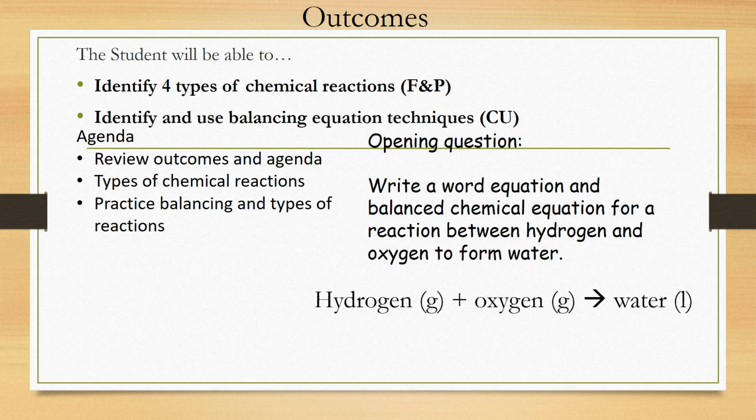And then putting the balanced equation in, you should have had 2H2 plus O2 reacts to form 2H2O. Remember that both hydrogen and oxygen are diatomic, so they're going to always be written with that subscript 2 when they're by themselves.